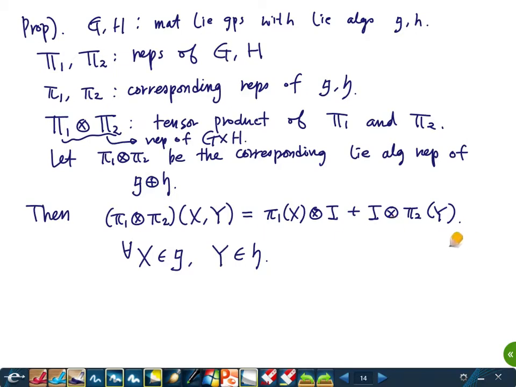I'm not going to prove this, but maybe you have some guess why we should get something like this instead of something which looks more natural. Why don't we get this, but we get this instead? This is somehow related to the derivative.